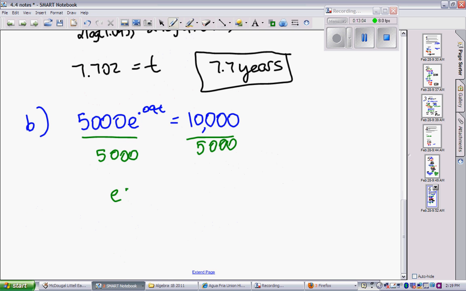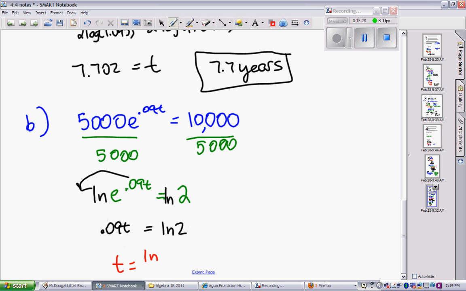So e to the 0.09 t equals 2. t is in the exponent, so with e we want to take the ln, the natural log, because ln and e's cancel each other out, so you get 0.09 t equals ln of 2. So t equals ln of 2 over 0.09.